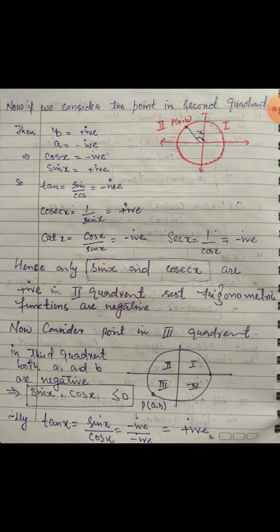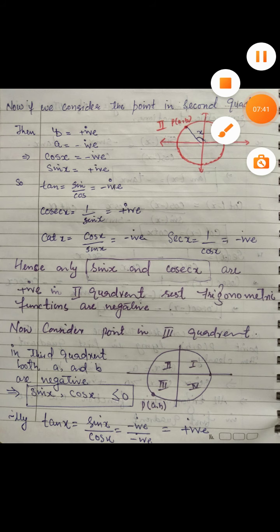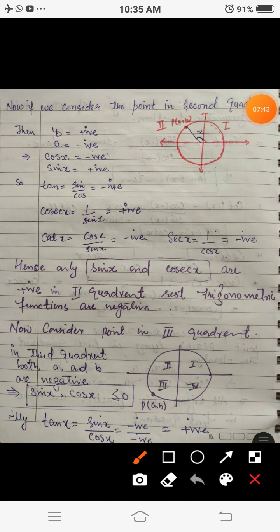So from these two we can find tan, because tan equals sin by cos. Now sin is positive, cos is negative, because x is an obtuse angle. So the ratio of positive and negative is always negative, so tan is negative.